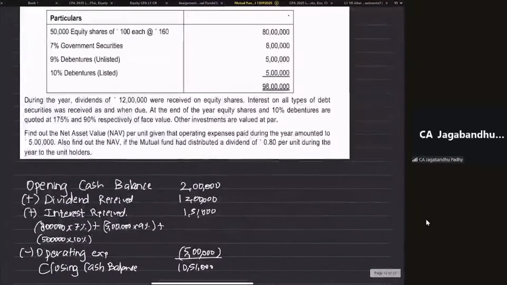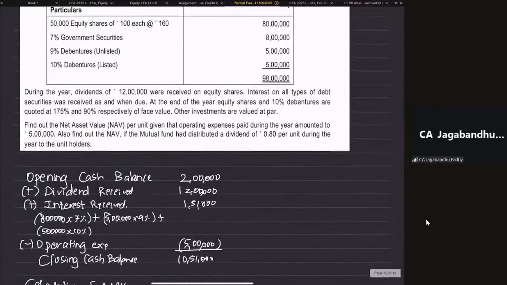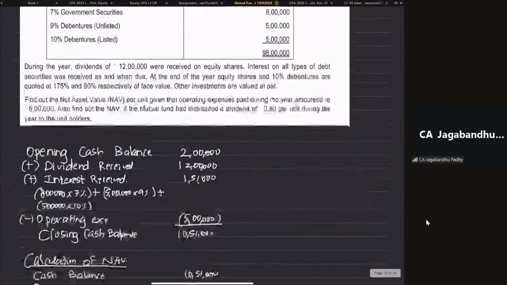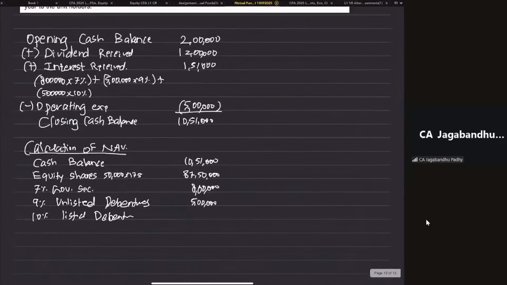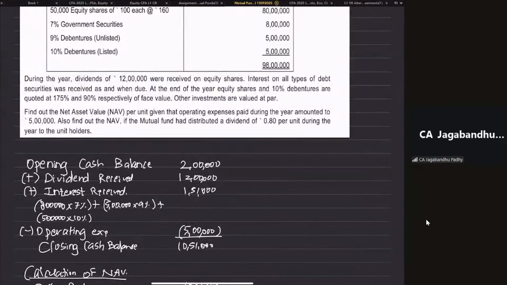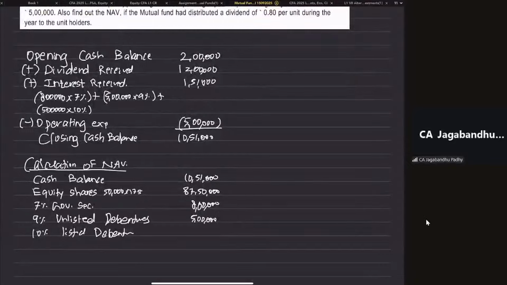And we have what? 10% debentures. These are listed debentures and are going to be valued at 90% of the face value. So when you say 90% of face value, it's going to be 4 lakh 50,000.